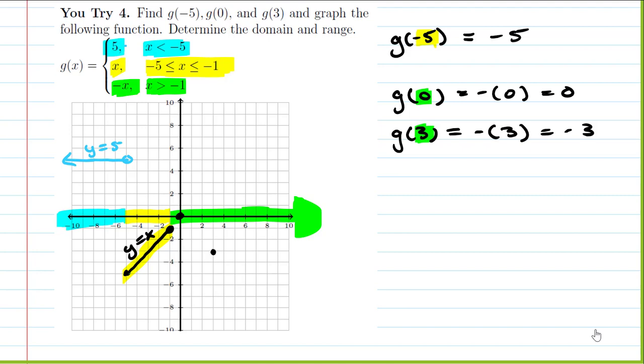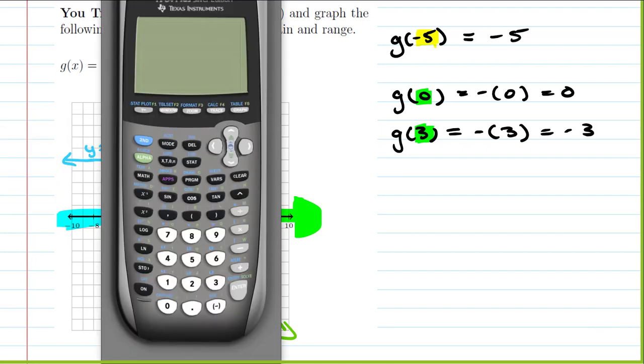It starts at negative 1, but it doesn't include that point. So at negative 1, we would be at 1, 1, and my line would have slope negative 1 and look like this. So that gives me the graph of my function. And if I put this in my TI calculator, I would indeed be able to get the same picture.